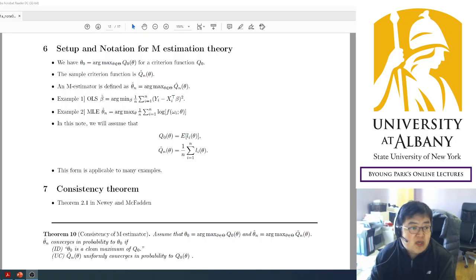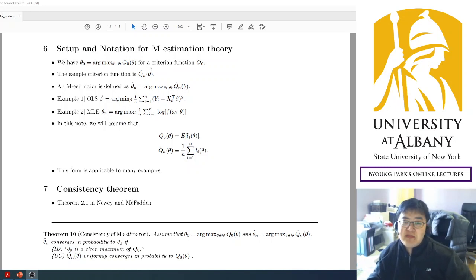Hello. We have learned a lot of theories in asymptotics, and now we are going to start the real estimation theory. So I'll first set up the notation for M estimation, extremum estimation, and remember we started from maximization or minimization.